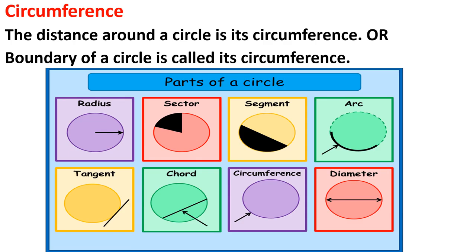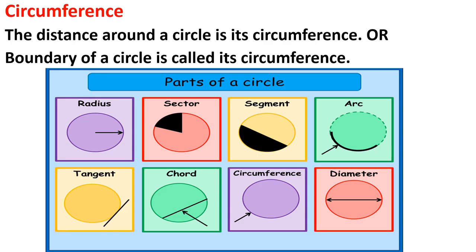Segment. Segment is a region enclosed by an arc and a chord. That is a segment. Then arc. Arc is a part of a circle, a small part. Leave the tangent. Chord. A chord is a line segment whose two endpoints lie on the circle. Circumference.